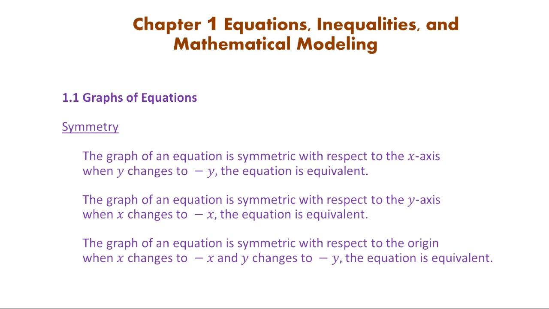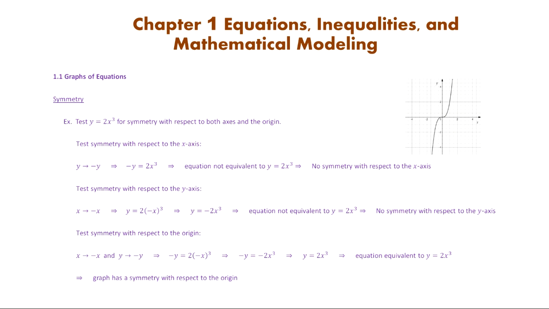All right, so let's do some simple examples. Okay, test y equals 2x cubed for symmetry with respect to both axes and the origin. So we need to test the symmetry of this graph for the three symmetries. So let's just do the symmetry with respect to the x-axis first.